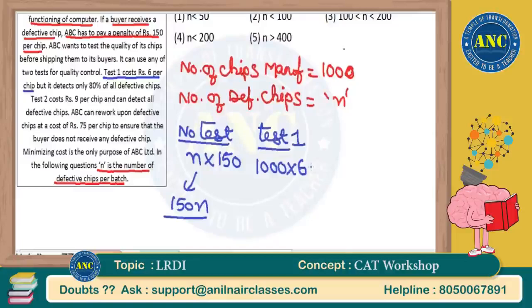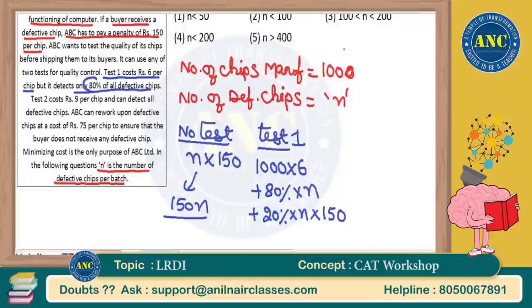Because he is a neophyte without great experience, he can identify only 80% of the defective chips. So 80% he has identified, and 20% will go to the customer. If it reaches the customer, the customer will sue ANC with a penalty of 150 rupees.